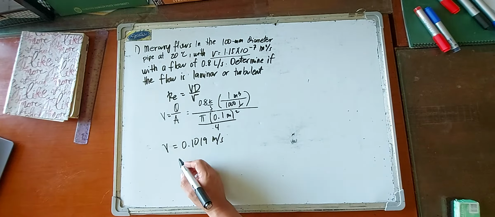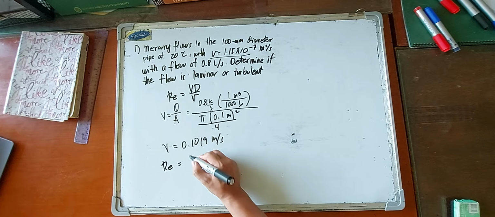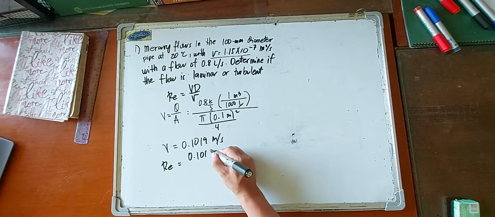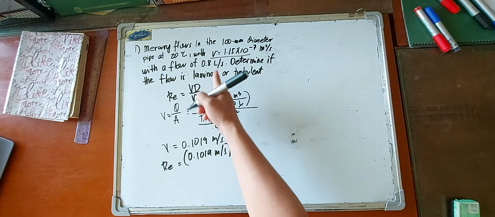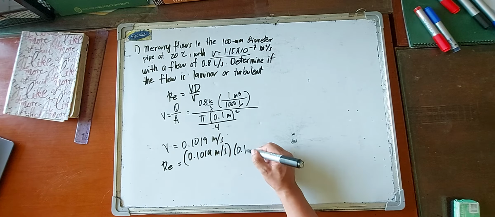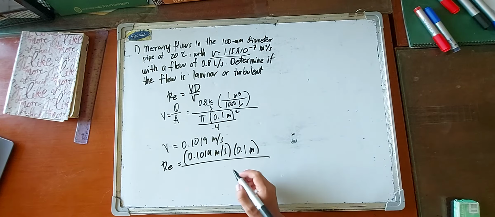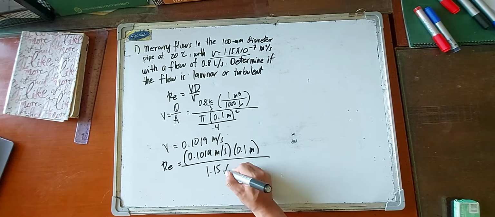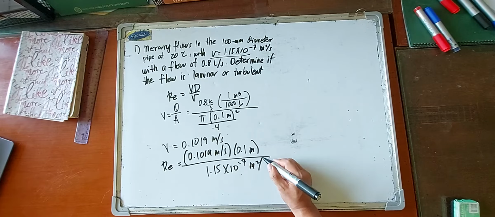Then we can now solve for the Reynolds number. That is equivalent to 0.1019 meters per second times the diameter, which is 0.1 of a meter, divided by the kinematic viscosity, 1.15 times 10 raised to negative 7 square meters per second.